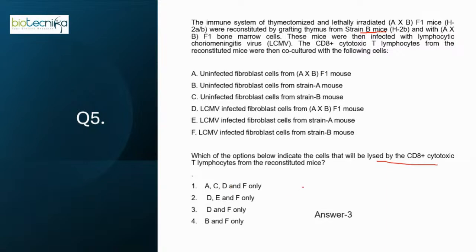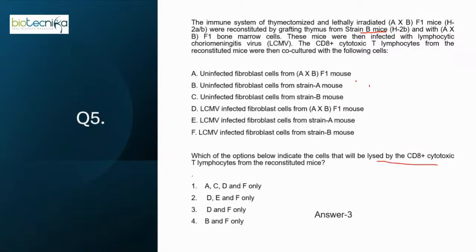Okay. Because now if you see the infection, this LCMV infected fibroblast. All right. So in the first case, you will see this AB F1 infected fibroblast.